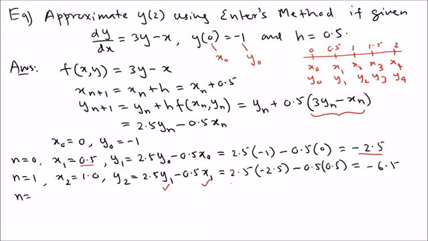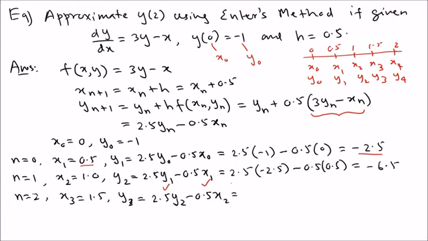n equals 2. This is going to give you x3, which is 1.5, and the y3 value. According to the formula, it is 2.5 y2 minus 0.5 x2.